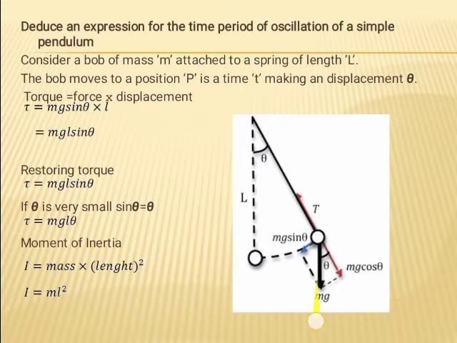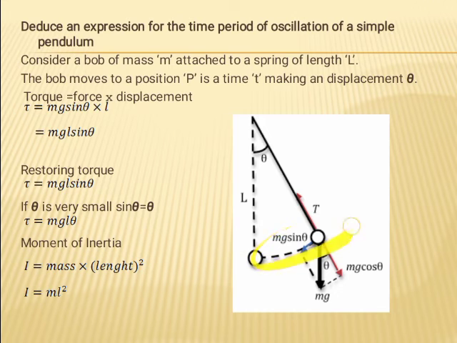And what is this mg? It is the weight of the bob, W is equal to m into g, the force which is acting downwards. So this is how the force acting on the bob is resolved. Always remember that mg sin theta, one of the components, is nothing but the restoring force.